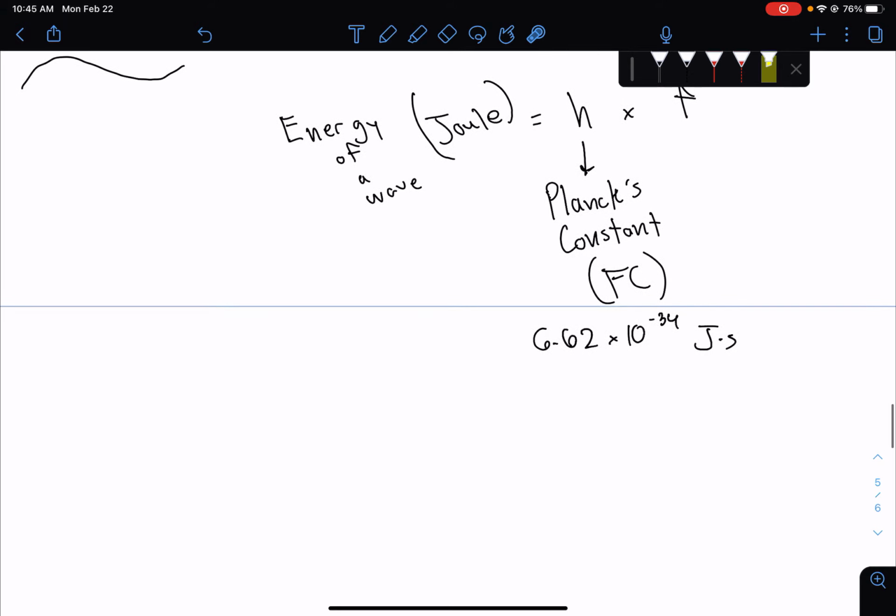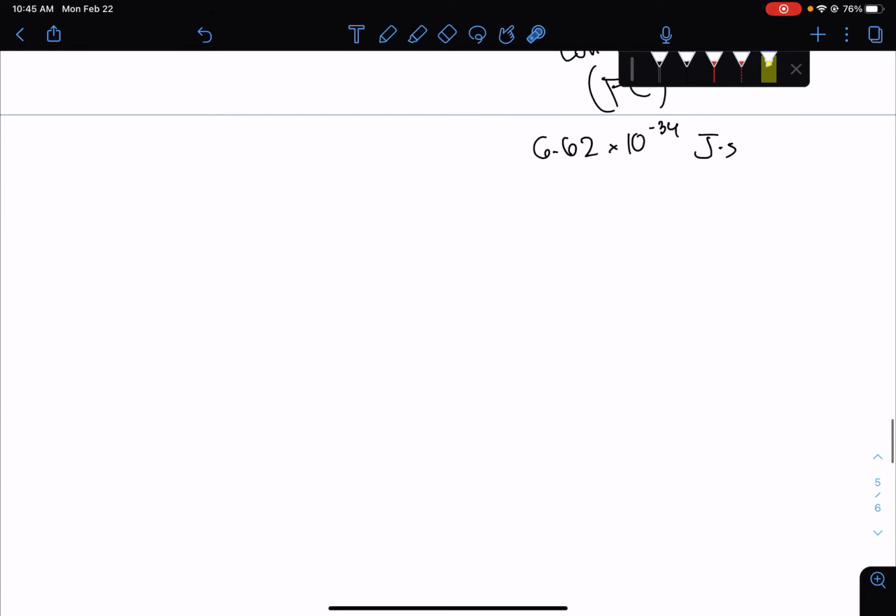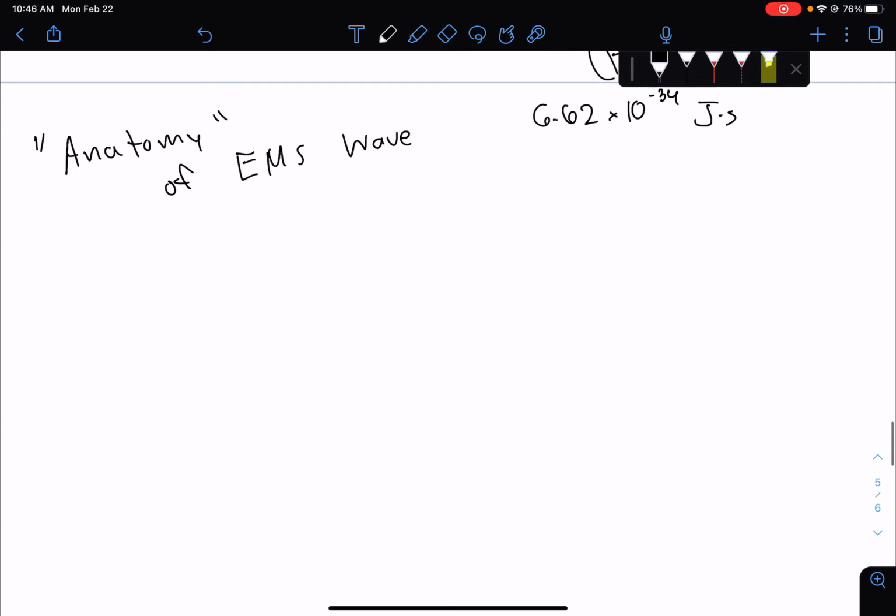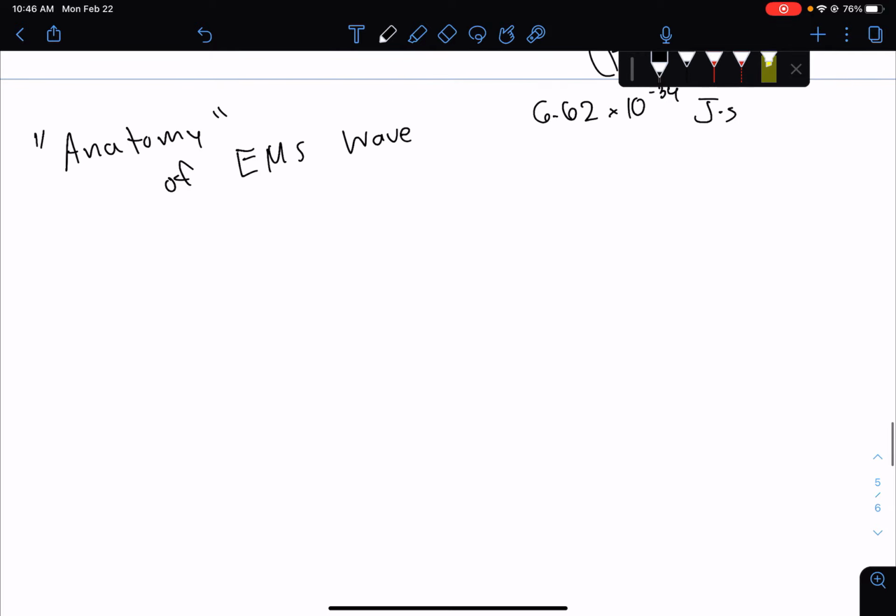Okay. One last thing. So, what's the anatomy of an EMS wave? Electromagnetic waves are not mechanical, so they're non-mechanical.